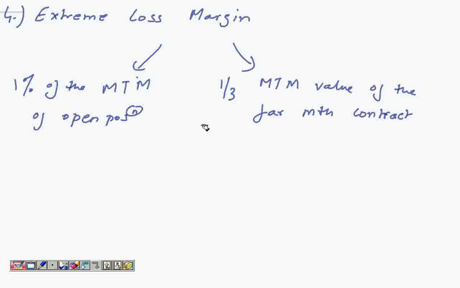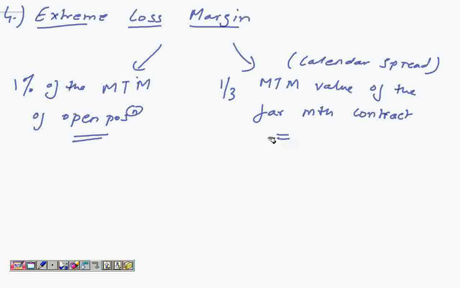So the extreme loss margin that needs to be kept is 1% of the MTM of the open position, and in case of a calendar spread, it is 1/3 MTM value of the far month contract. So it's quite simple.